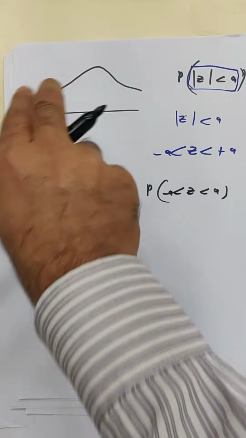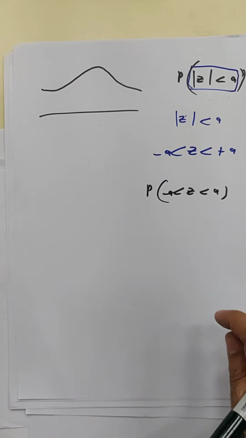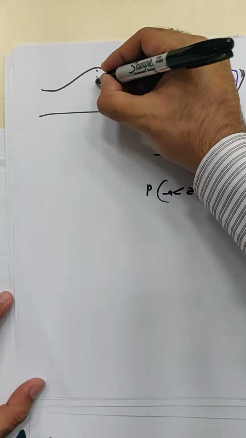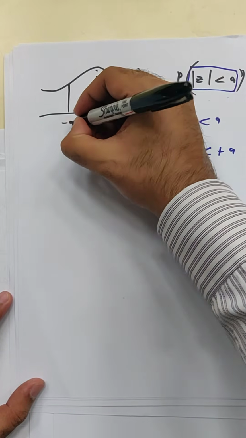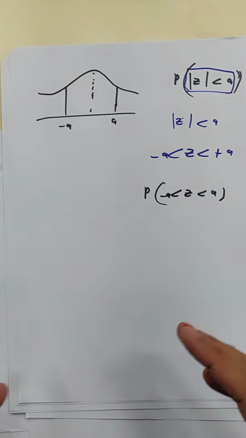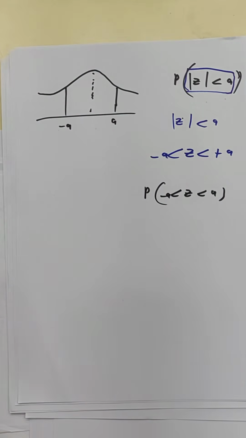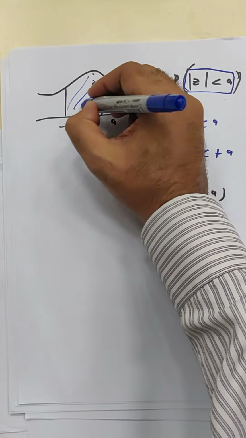Where is it on the graph? Some of you get the answers. Negative A and A. I like when you do it that way. That's how I think it as well. And I want to calculate this area.